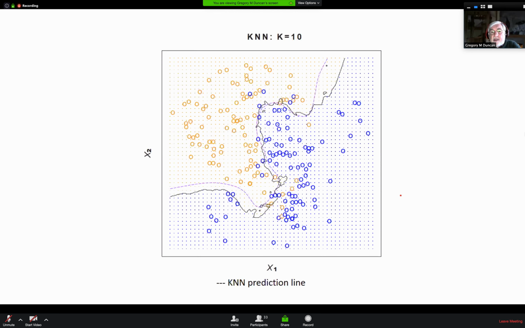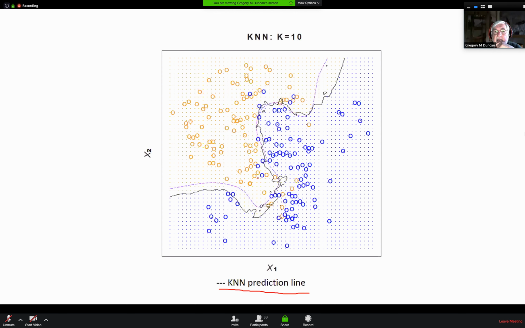Here's what it looks like. This is the same graph we had before, except the black is the KNN prediction line. And so you'll note the black is different than the purple.